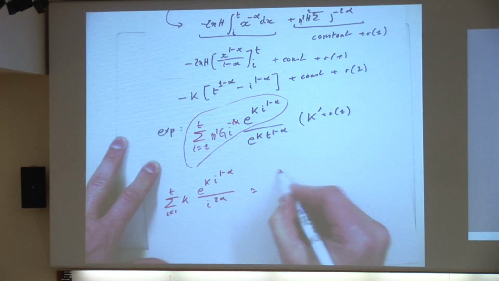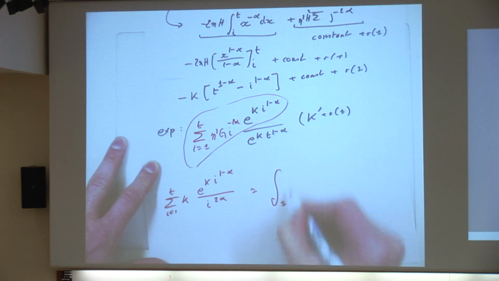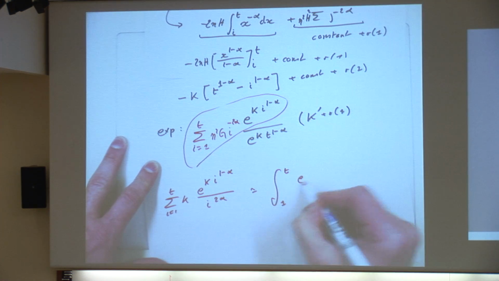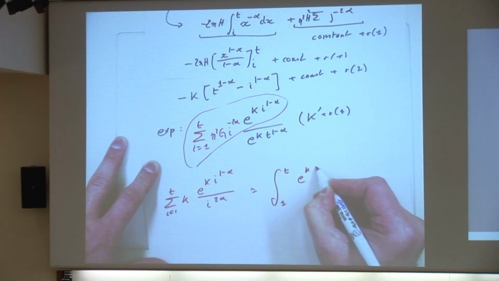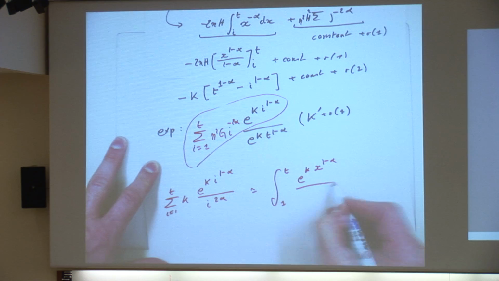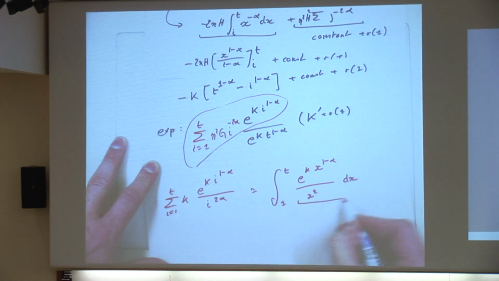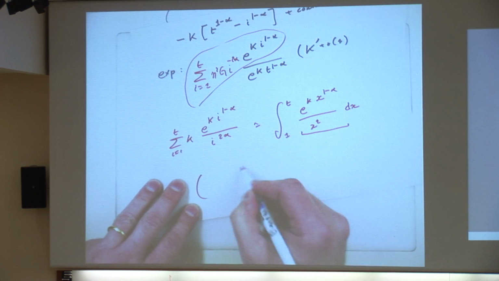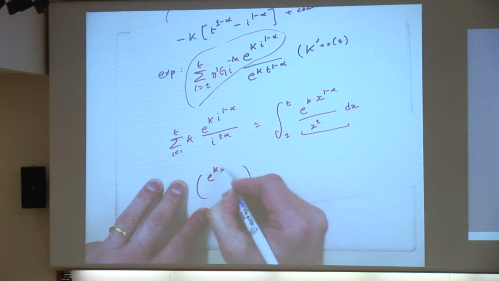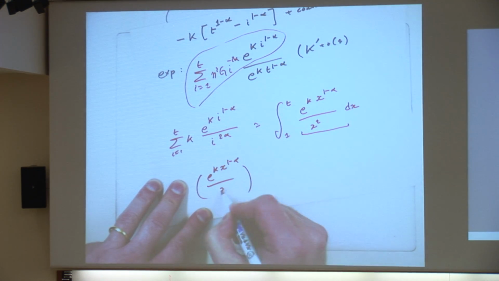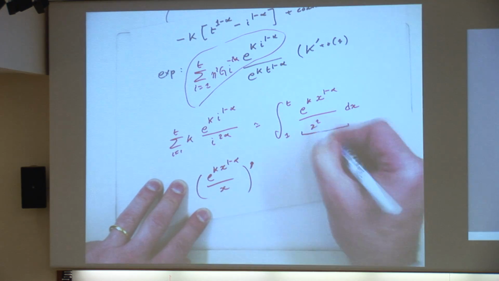And that's sort of the integral between 1 and t of exponential k x^(1 - alpha) over x^(2 alpha) dx. And it turns out that if you write the derivative of this, you get something that has this shape.